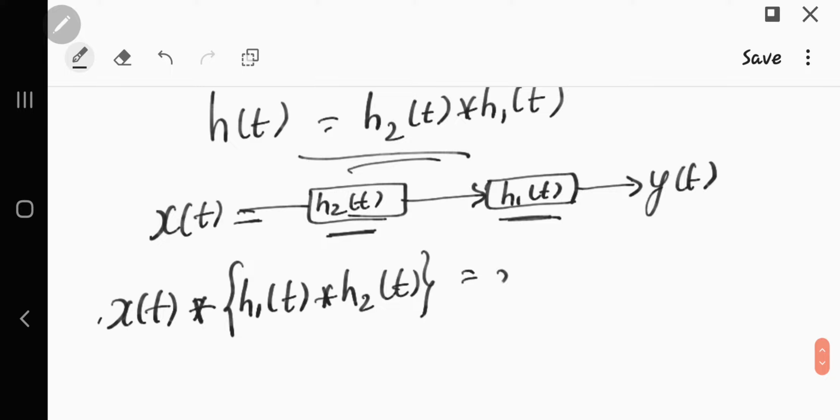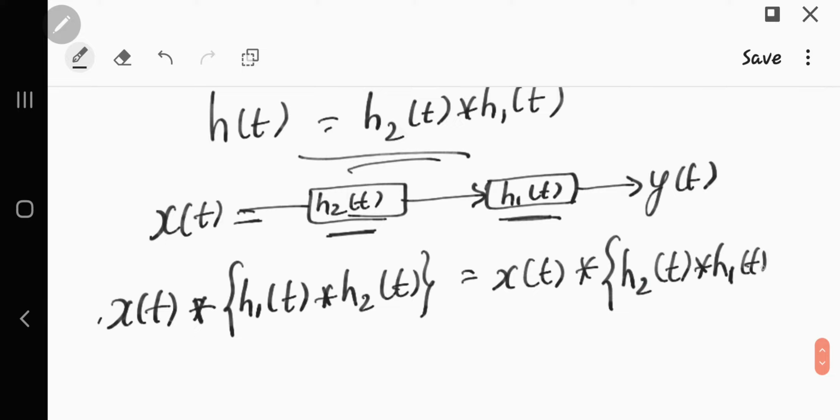It can be of any order. Then also we will get the same thing as the system output, so the output won't change. That means x of t convolved with h1 of t convolved with h2 of t is equal to x of t convolved with h2 of t convolved with h1 of t.